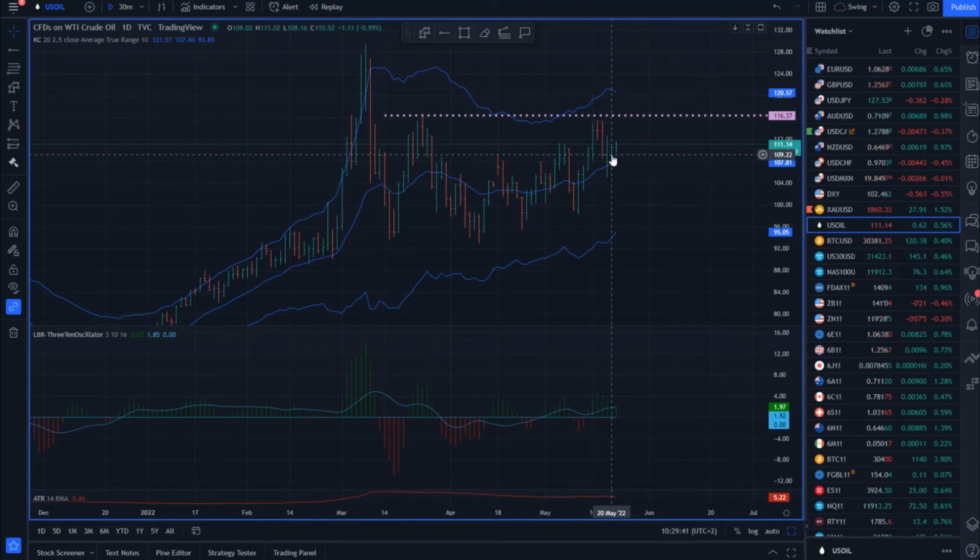We had an inside day on Friday. Definitely watch for the breakout. If we break to the upside at 112.75, we can eventually try to re-attack 116.35. If we take the low of this inside day, we can try to attack the 105 mark and eventually 98.65.